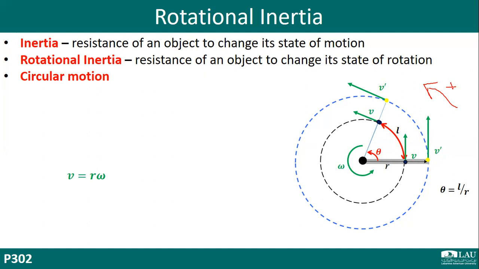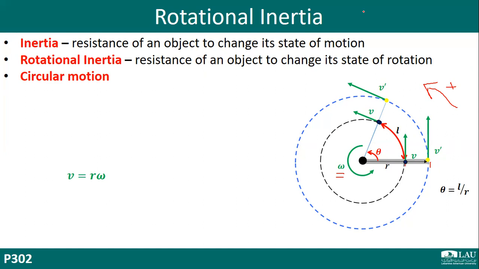All the points of the rod have the same rotational speed, but the black point in the middle here has a lower linear speed than the yellow point attached to the blue path. If we consider a constant angular speed, and we increase r, the distance between the object and the rotational axis, the linear velocity will increase.